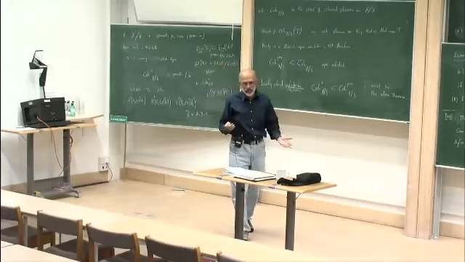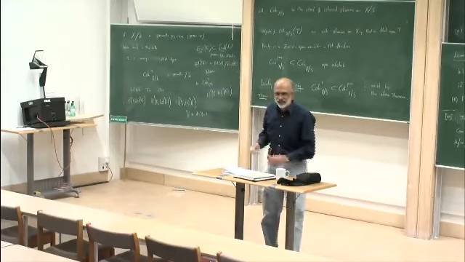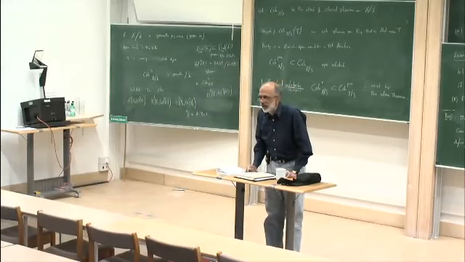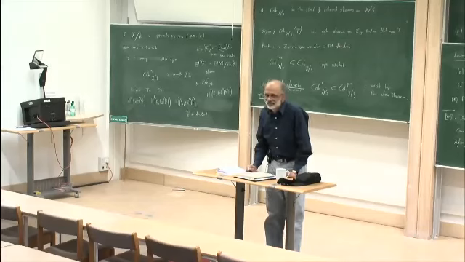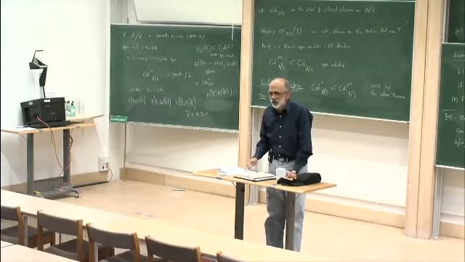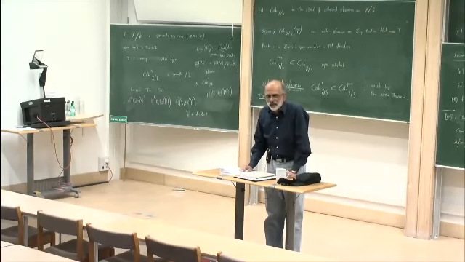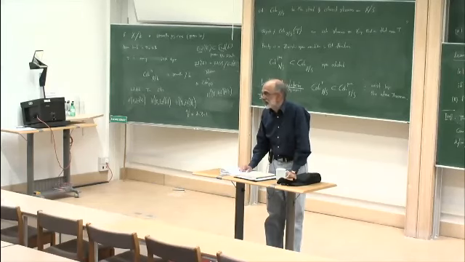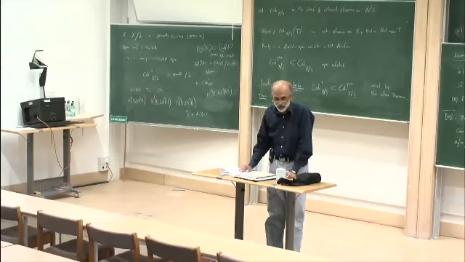Now I want to understand this smooth stack. So I thought naively, how does one understand any stack, some unknown stack, how do you understand it? And then you try to stratify it into something simpler, stratify it into gerbes, and on this the standard textbook didn't shed any light. And so I thought, being a differential geometer at heart, let me study it differentially. So my idea is, given an unknown stack, take its cotangent complex and try to stratify using the Fitting ideals maybe of the differentials in the cotangent complex.